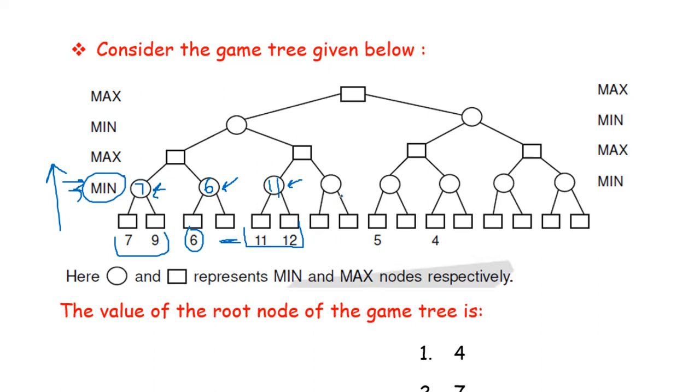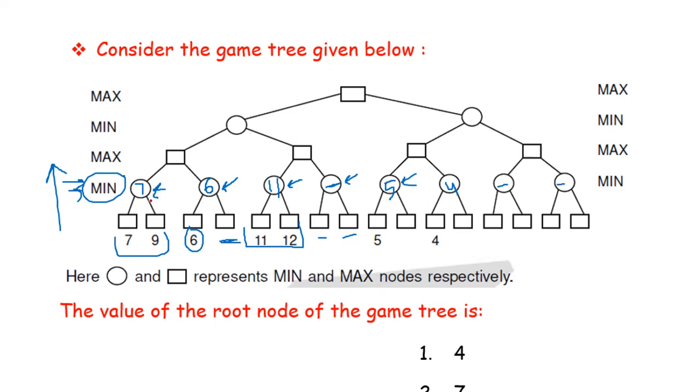Now for the next node, there is no value for the left and right child. So again we will take no value. For the next we will get 5, then 4, then none and none, right?